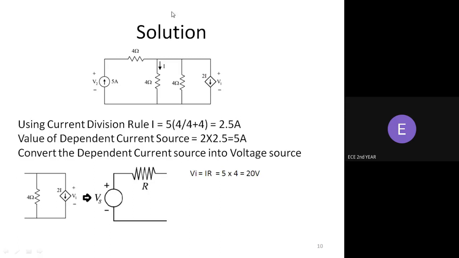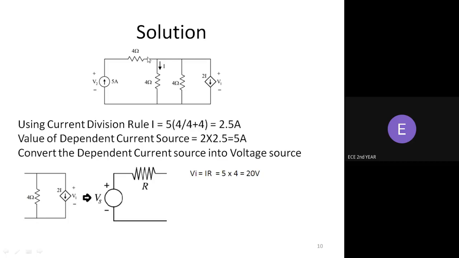The solution of the given problem: using the current division rule, we can calculate the value of I, the current flowing through the 4 ohm branch. So I is equal to the total current 5 ampere into the opposite resistance. The opposite of this branch is 4 plus 4, the total resistance here.